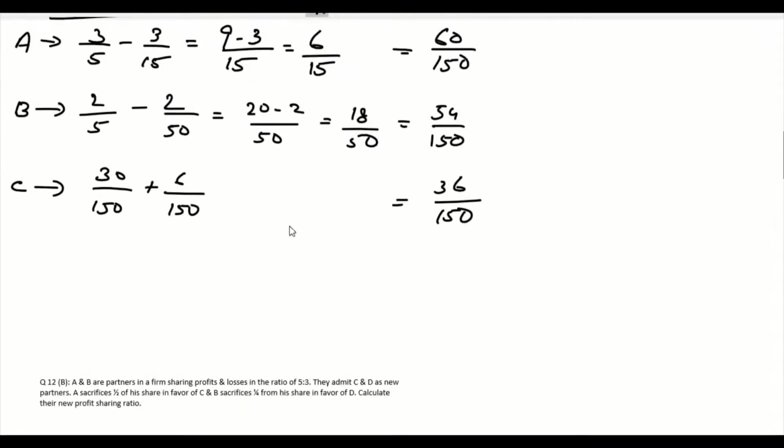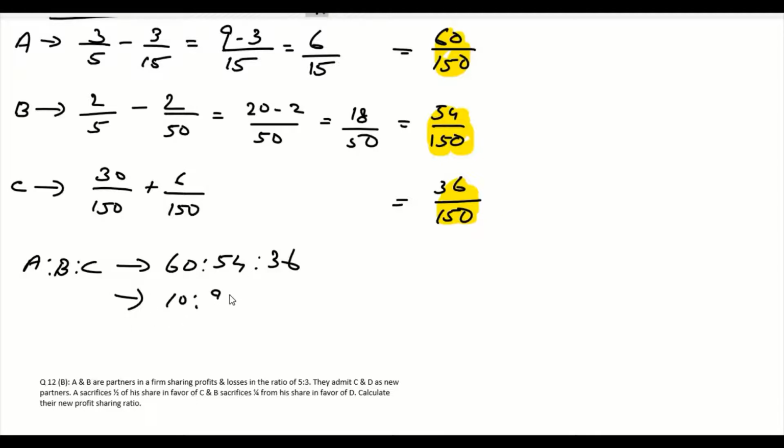So the new profit sharing ratio we got for A is 60/150, B is 54/150, C is 36/150. So the new profit sharing ratio between A, B and C is 60:54:36. That is 10:9:6.